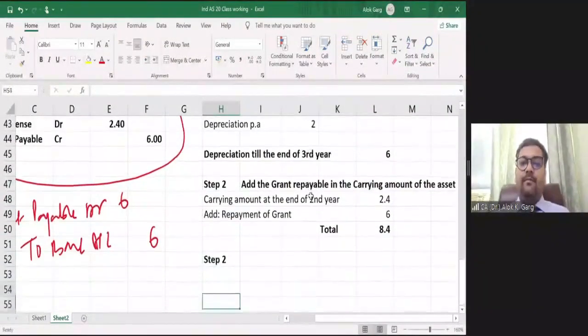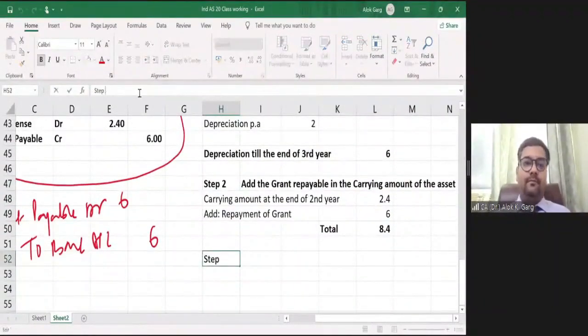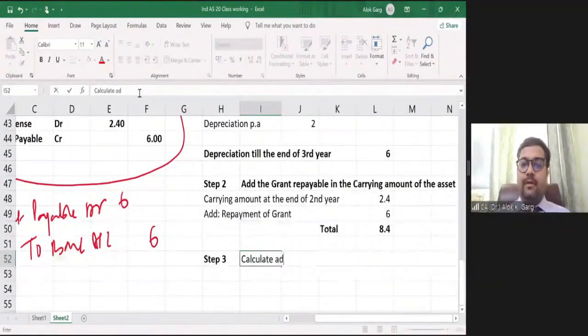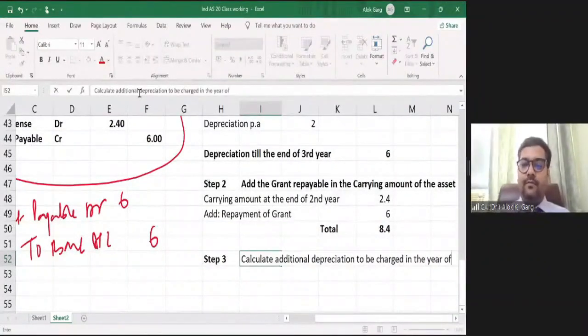Step 3: calculate additional depreciation to be charged in the year of repayment when the grant is repayable.